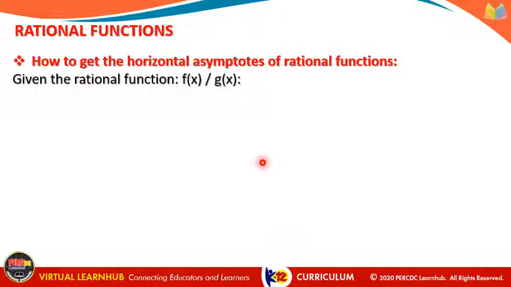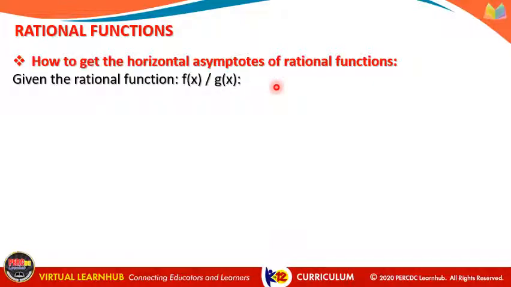Given the rational function f of x over g of x, so again, rational function meaning sina f of x at g of x ay parehas na mga polynomials. Okay. Now, the horizontal asymptote depends on the degree of the numerator and the denominator. It depends kung alin ang may mas mataas na degree, yung nasa numerator ba o yung nasa denominator.